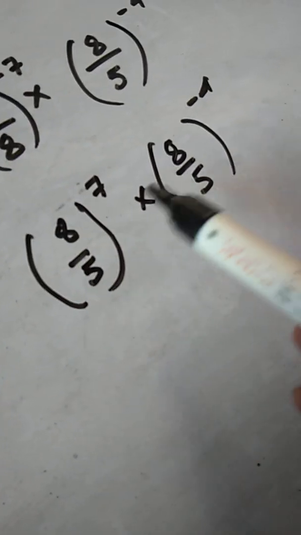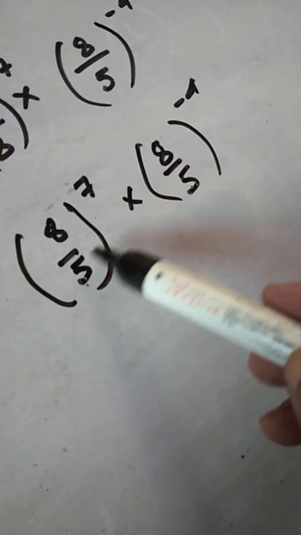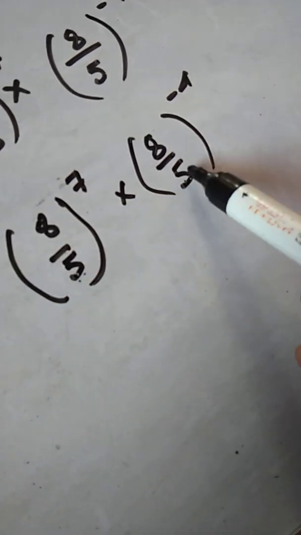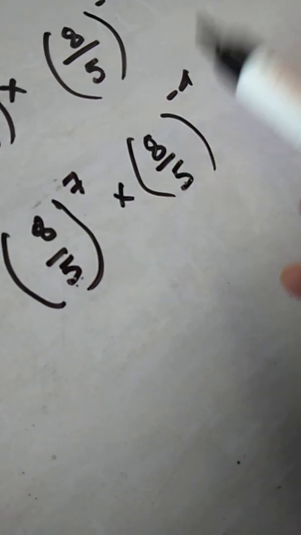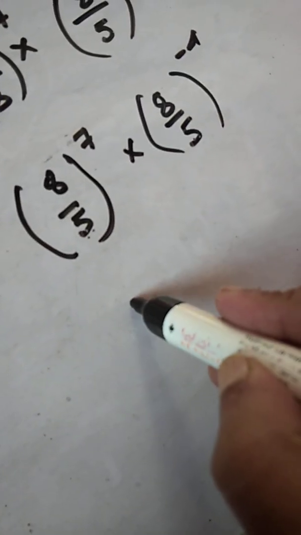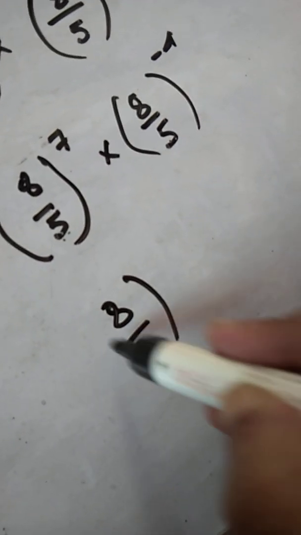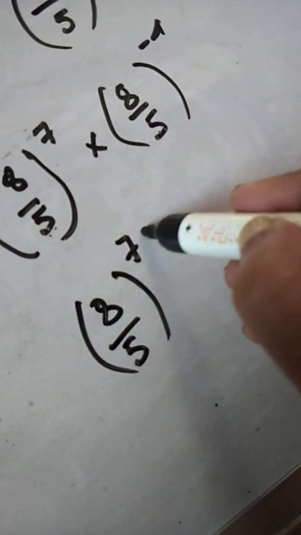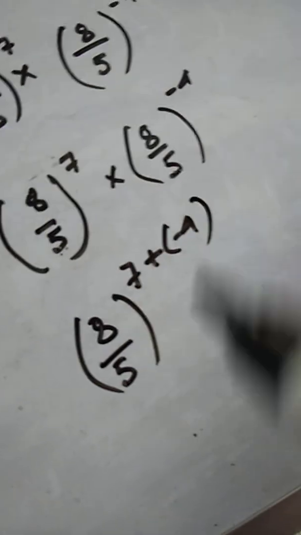Now if we carefully observe, these two terms are carrying the same base. Now what is the base? 8 by 5, 8 by 5. Now in case of multiplication, what do we do with the powers? We add the powers. So now we have 8 by 5 to the power 7 plus minus 4. See, it becomes very easy.